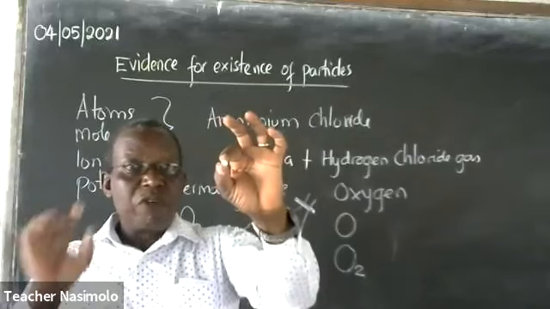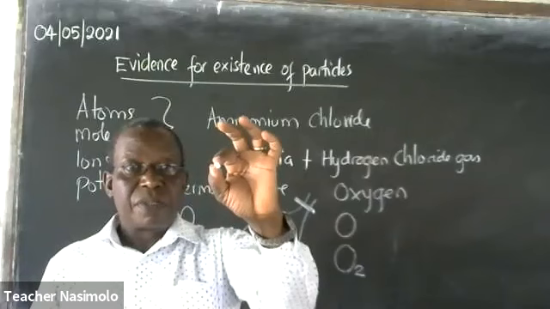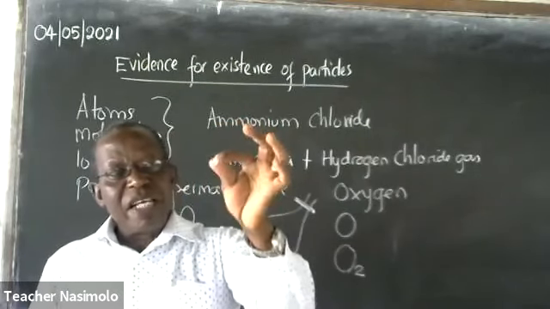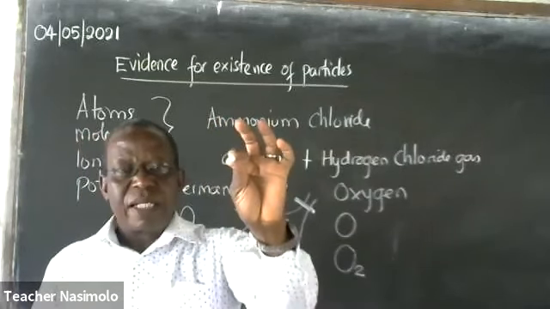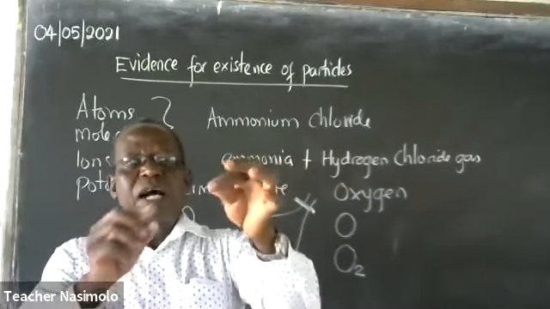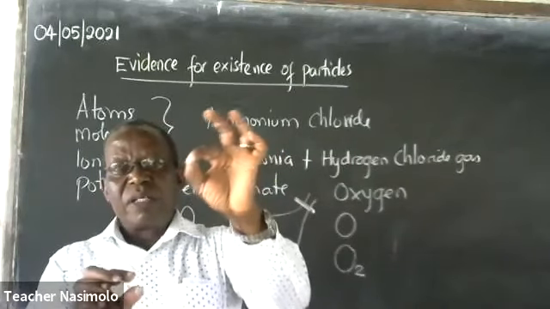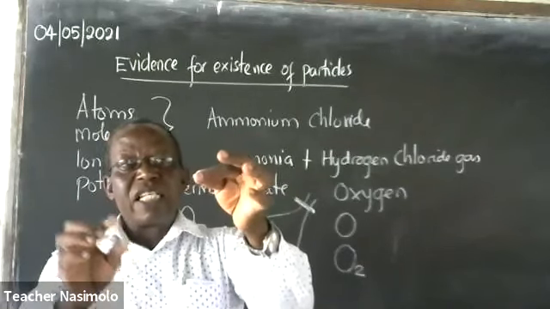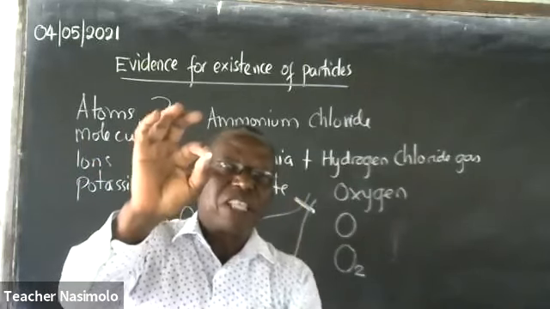Because we say those particles we cannot see with our naked eyes, unless we use a very powerful microscope. So even this piece, however tiny it is, the one I'm holding, has so many of those tiny particles. But you saw how I was struggling to get two pieces out of the piece of chalk that I had. It is even more difficult to get two pieces from here.